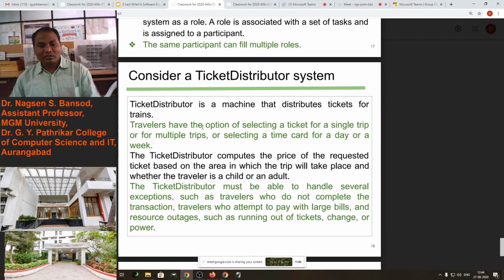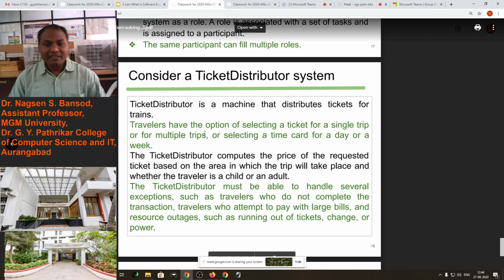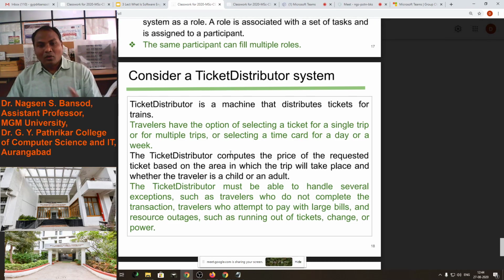We know the ticket distribution machine, as we have already performed the role of travelers. Travelers have the options of selecting a ticket for a single trip or multiple trips, or selecting a time card for a day or a week. Such types of tickets are there.